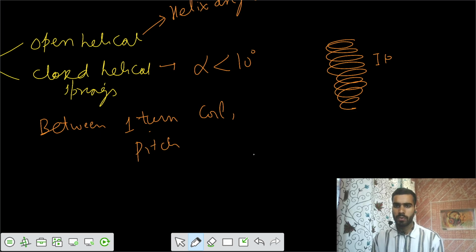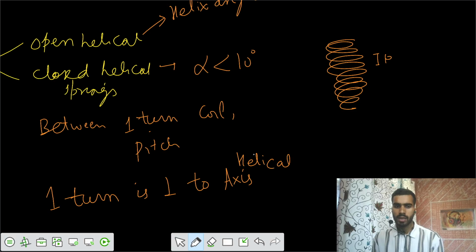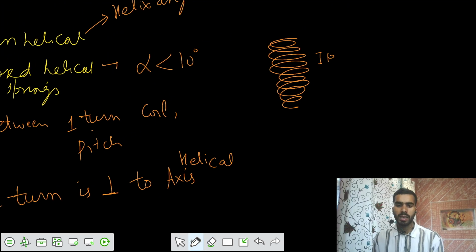We make the assumption that one turn is perpendicular to the helical axis, then we can show one turn in one plane.